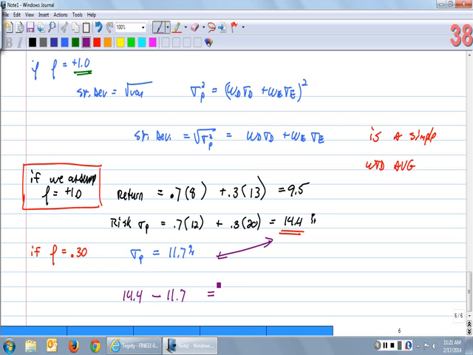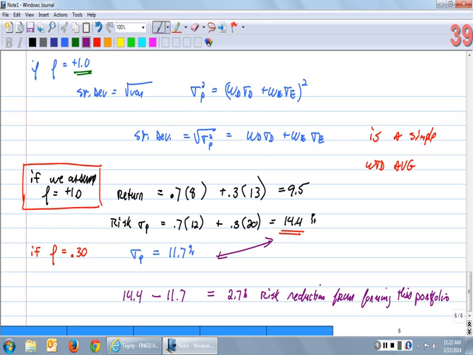So I assert that we had 2.7% risk reduction from forming this portfolio. In case you can't read my handwriting, it says 2.7% is the risk reduction from forming this portfolio.